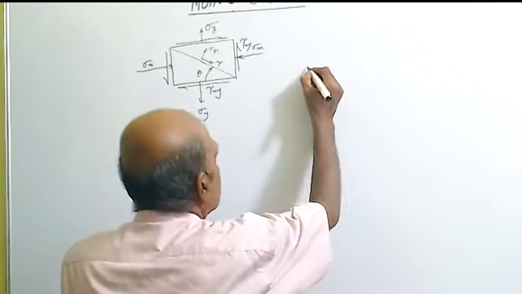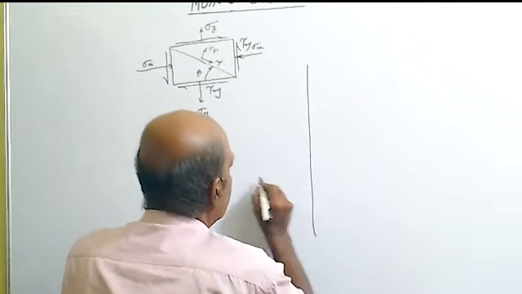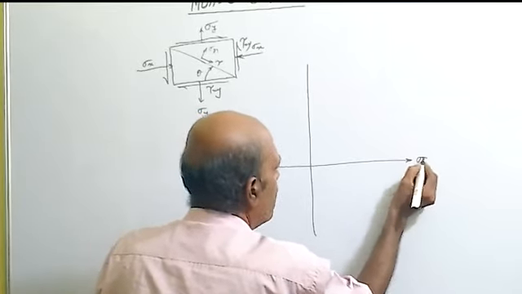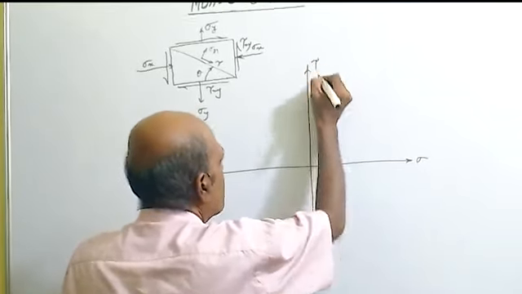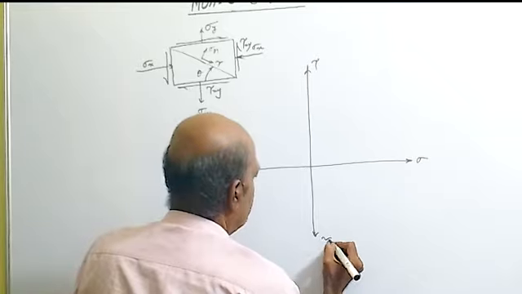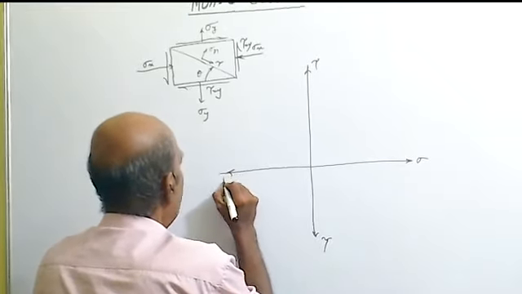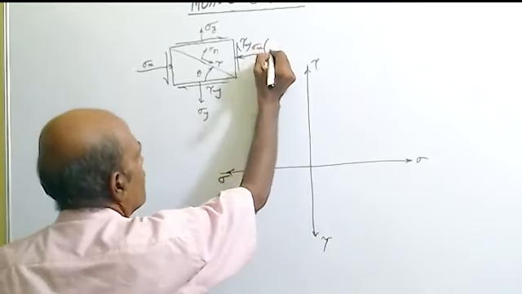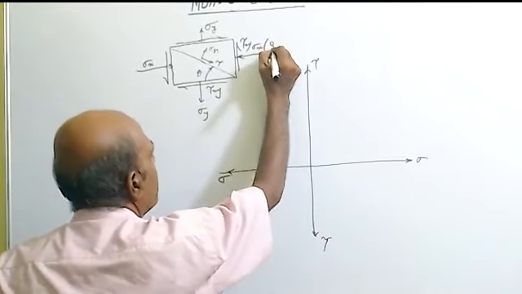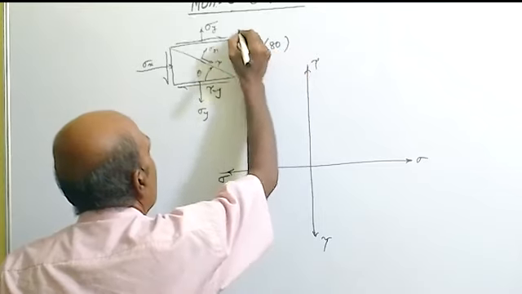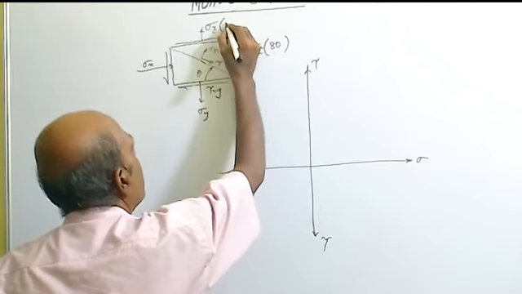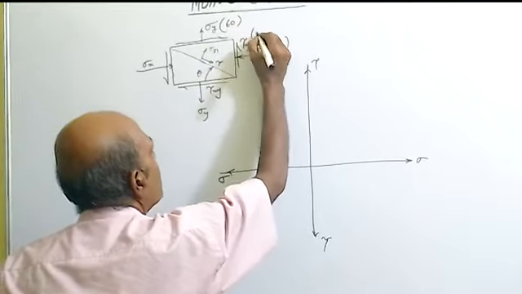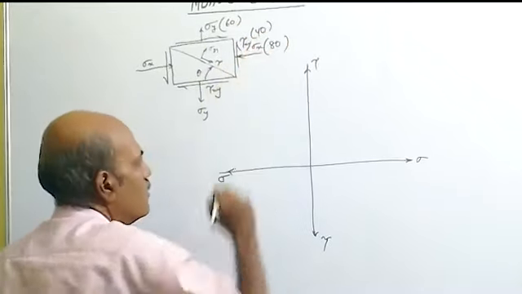For this, draw the axis first, that is sigma axis and tau axis. So we have drawn sigma axis and tau axis, and just put simply some values, say sigma x 80 megapascal, sigma y 60 megapascal, and tau xy is equal to 40 megapascal.